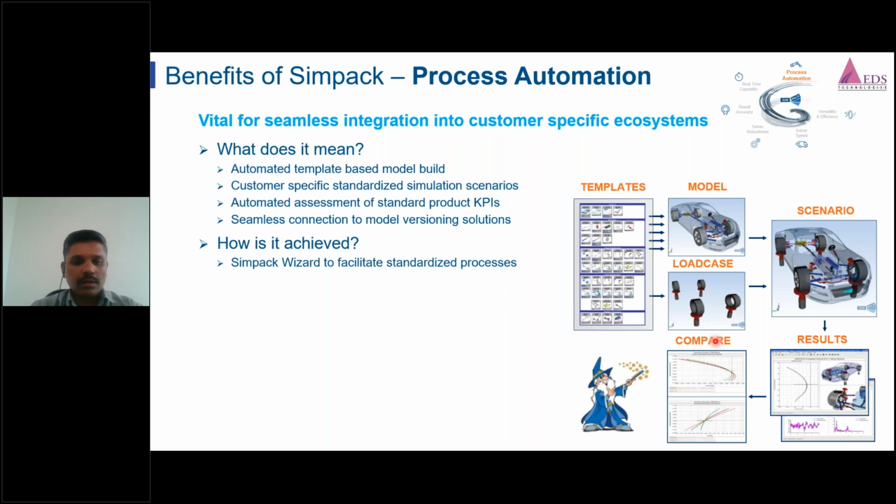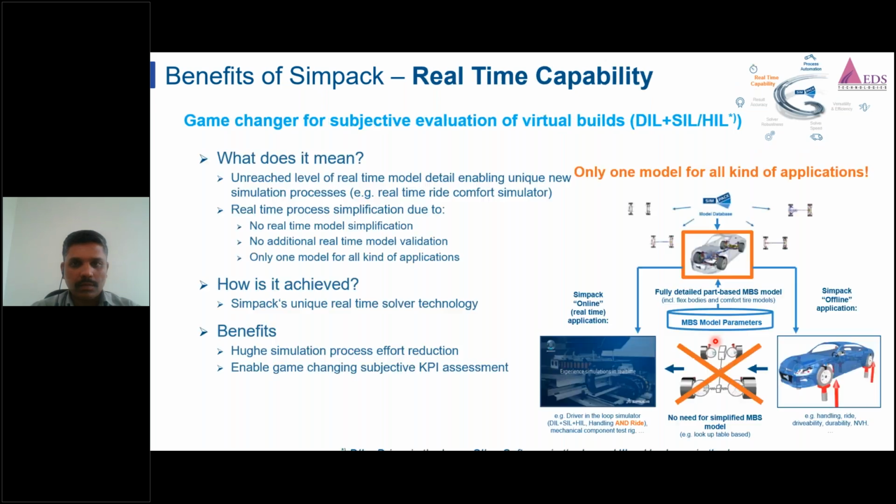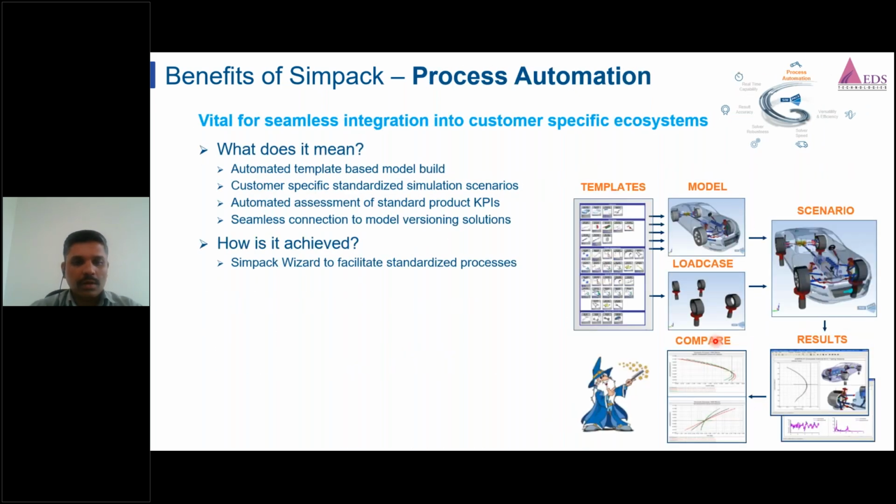Okay, and last but not least, Simpack benefit is the automatization capability. This means Simpack provides coding tools and processes to do an automatic execution of standard simulation processes, and also automatic assessment of standard product KPIs.